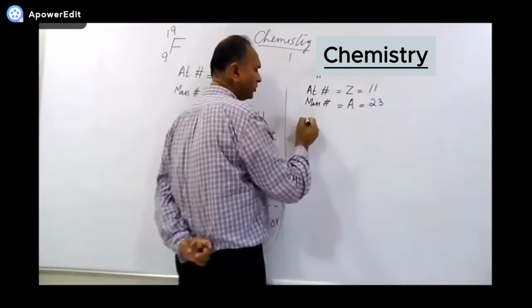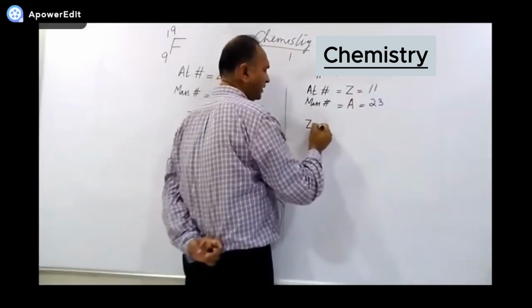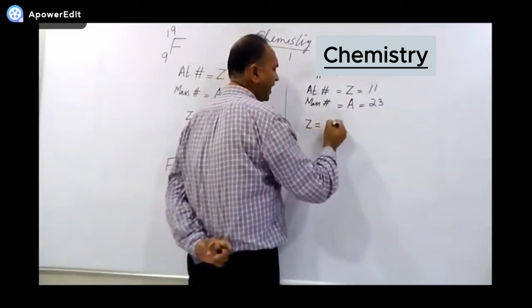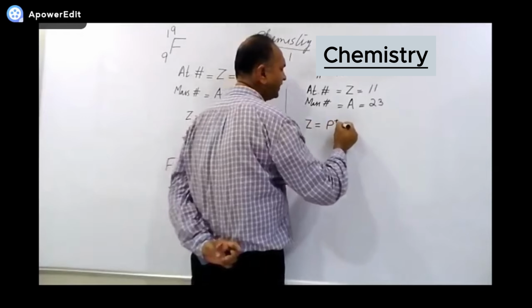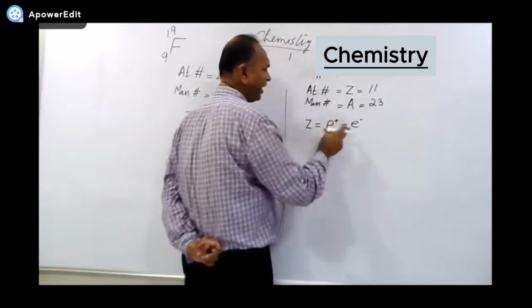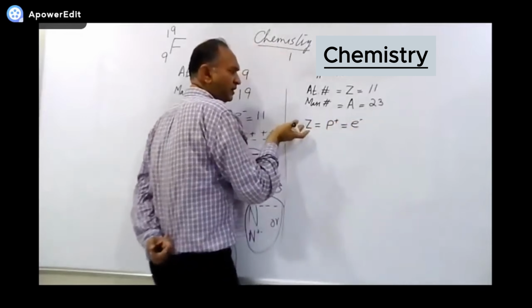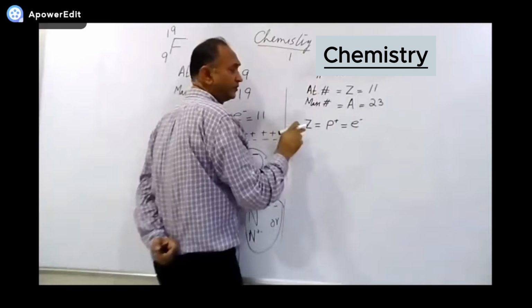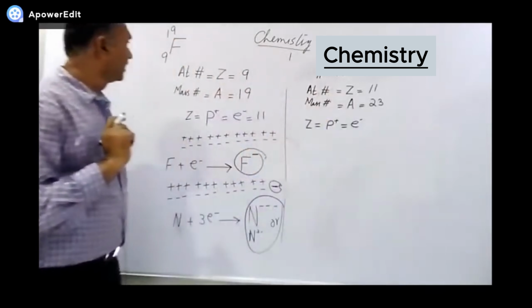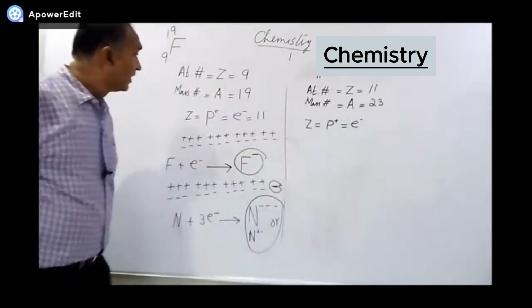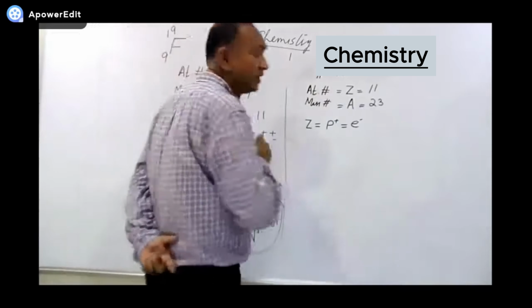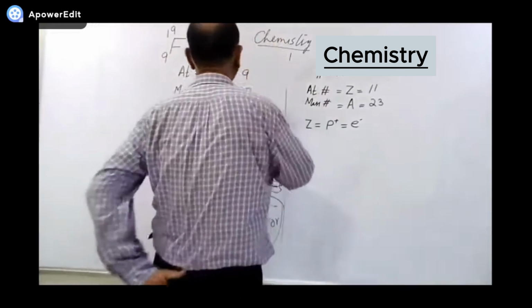I just told you that there would be as many protons and electrons in a neutral atom as its atomic number. So what is the atomic number? 11. I made a mistake over here.